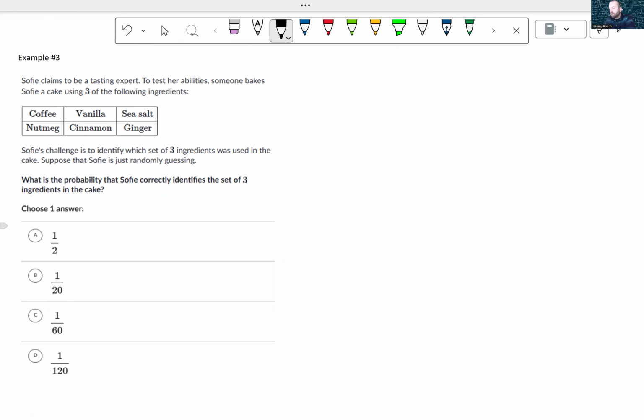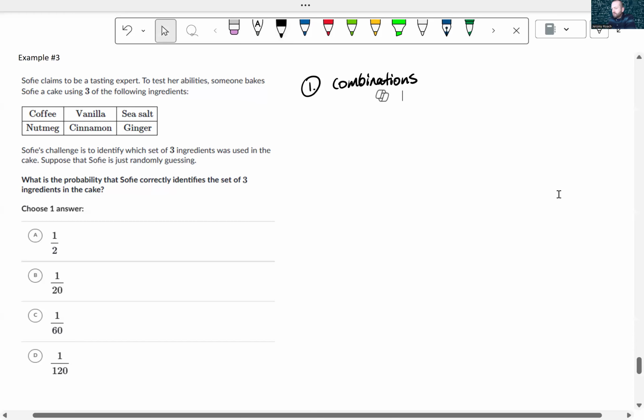So we're talking about ingredients. Sometimes when we're baking or cooking something, the order matters, but in this case, we're just talking about ingredients being added. So in this case, we're just talking about combinations. Okay, so order does not matter.